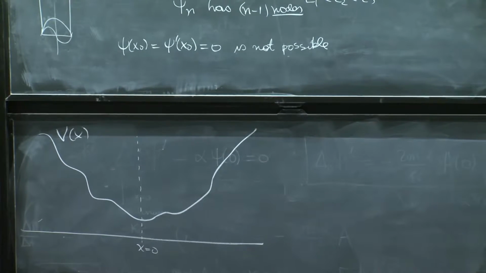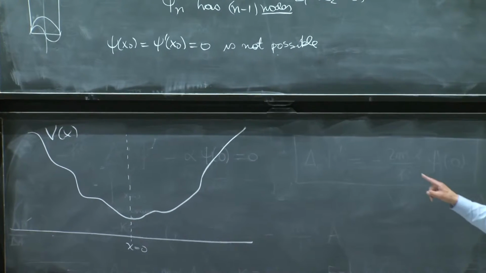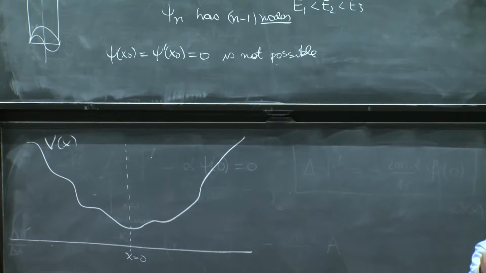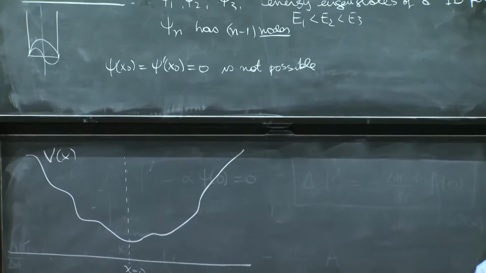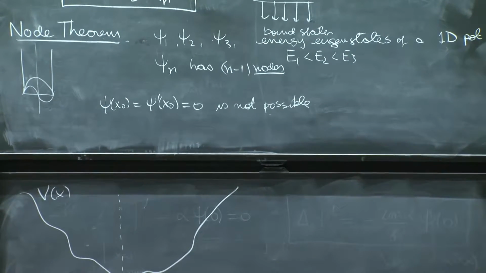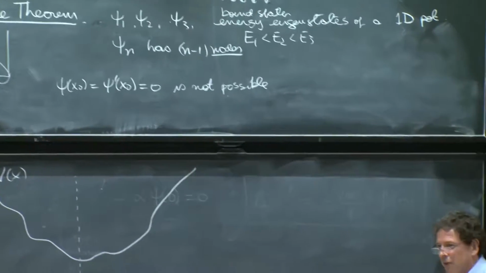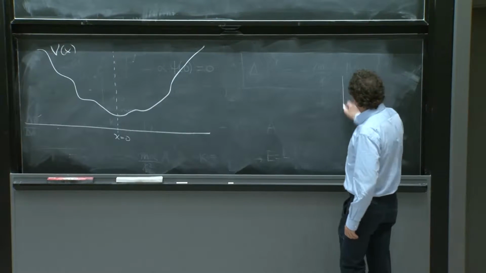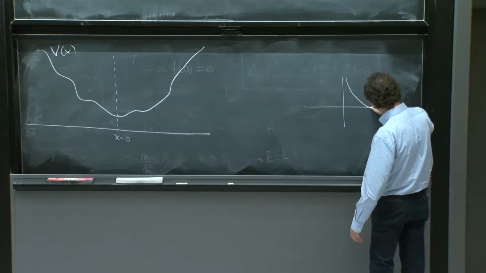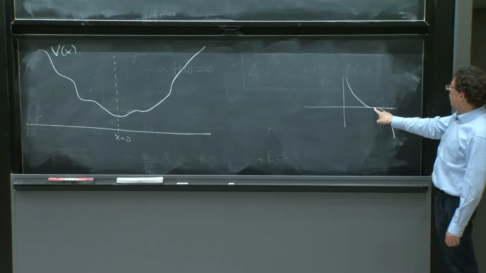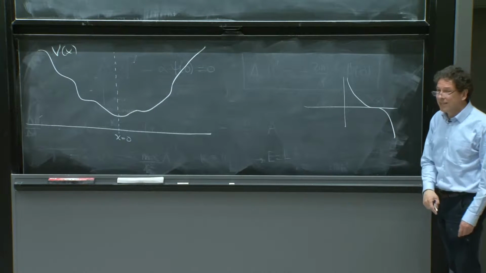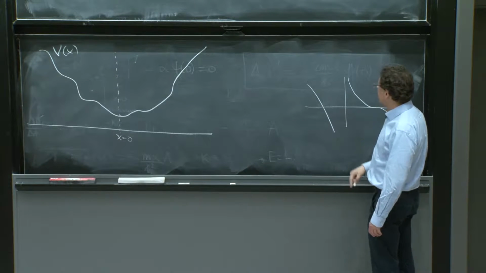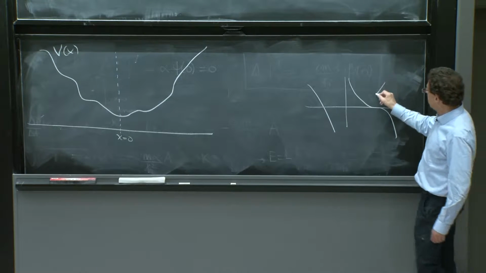There's an explanation in last lecture's notes. It is the fact that for a second-order differential equation, psi and psi prime tell you how to start the solution. And if both psi and psi prime are equal to 0, the general solution of the differential equation is always 0 everywhere. So this kind of thing doesn't happen to a wave function. The wave function can be 0 at a point, but the point where it's 0 and the derivative is 0, that never happens.